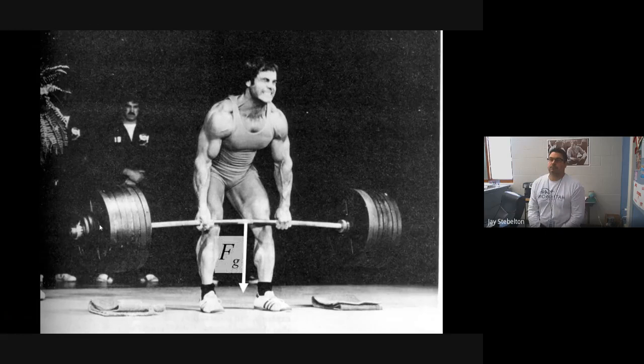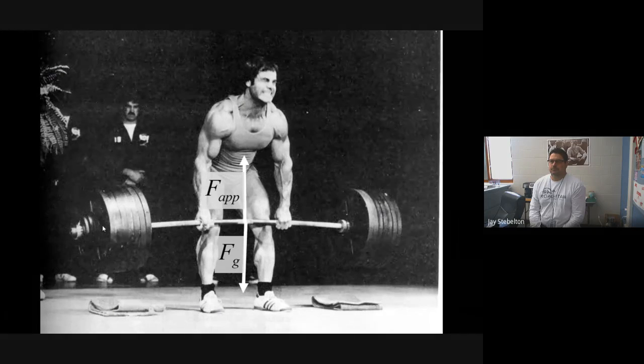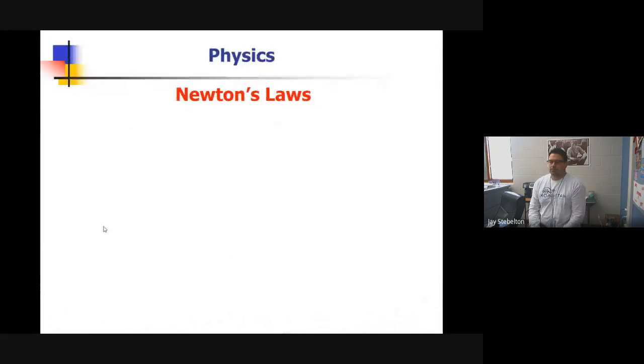Well, in order for that to happen, you have to overcome the weight, which is pulling that towards the center of the earth. So you apply a force to pick it up. How fast it moves, how far it moves, and the speed at the end is all determined by Newton's laws of motion. Newton's 3 laws of motion. They are known by a separate name for each law.